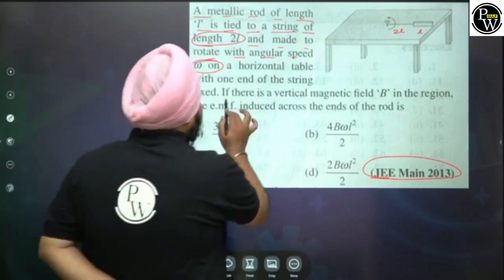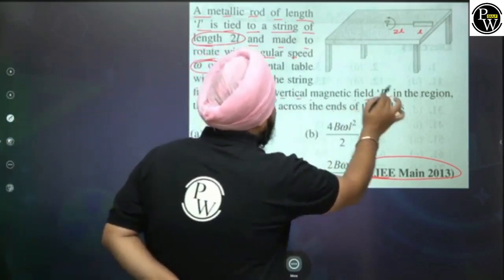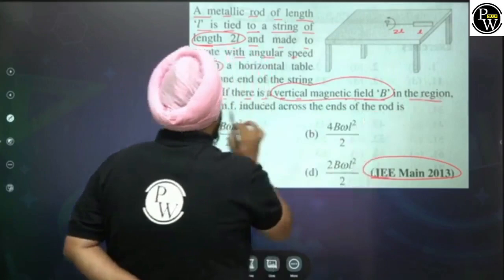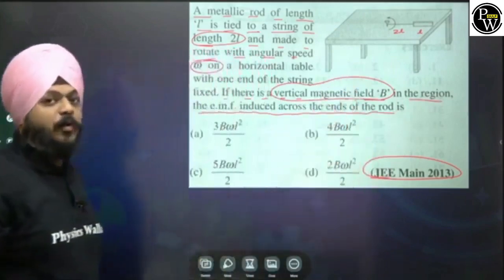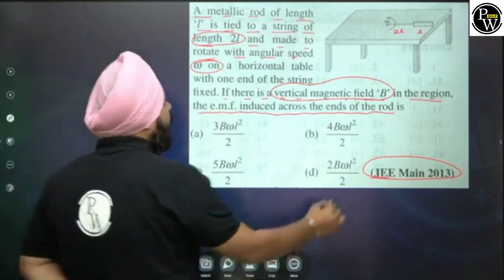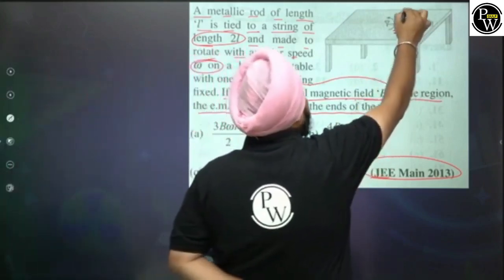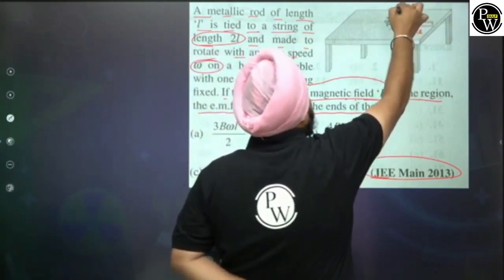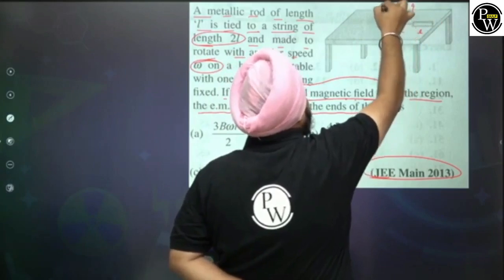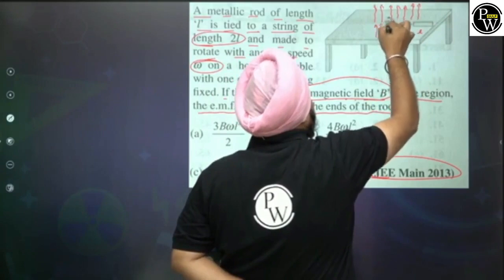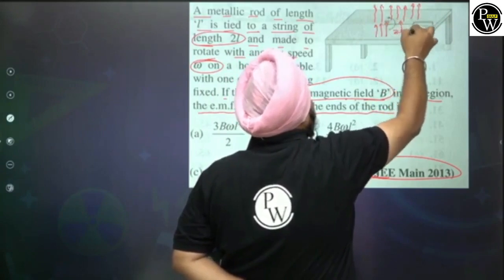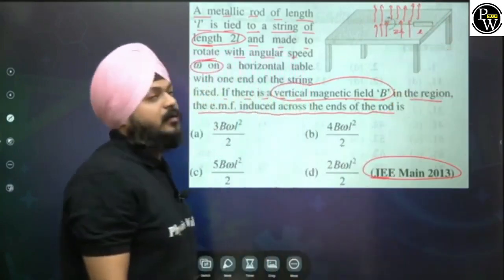Now, if there is a vertical magnetic field in that region, what will be the EMF induced across the rod? Vertical magnetic field means, suppose we have the magnetic field this way, crossing up the desk like this. This is the situation of the vertical magnetic field.